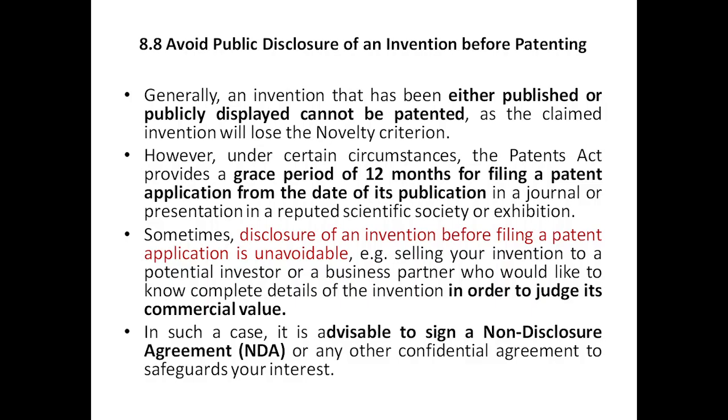You should have a non-disclosure agreement with them. That means it should be mentioned that I am going for a patent, and after getting my patent I can sell it, change the price, and do whatever I want with it, because once you get a patent, all rights are yours. Through this process, you can use the product for manufacturing and producing. Any other confidential agreements can also be used to safeguard your interest, or else it will be a problem later. So that's it.